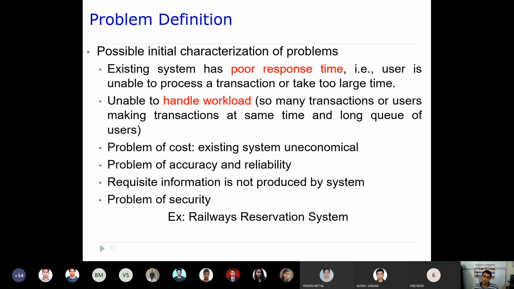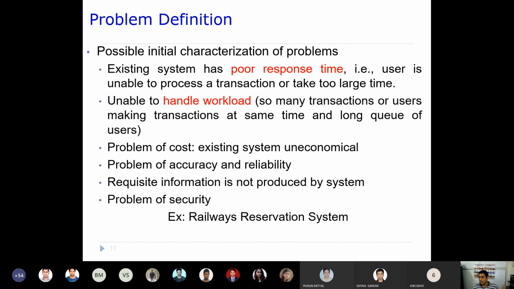If the system is not responding properly, then also it's a problem. So you first try to see this with the existing system.